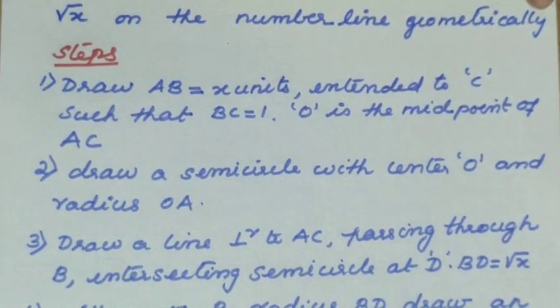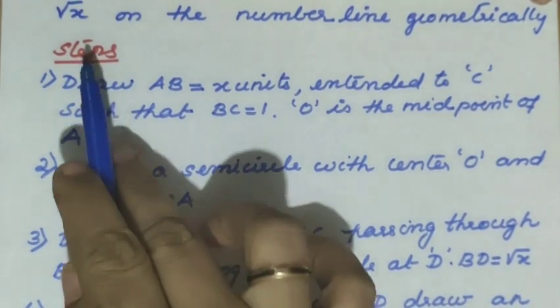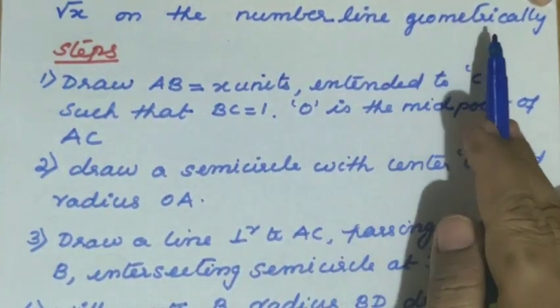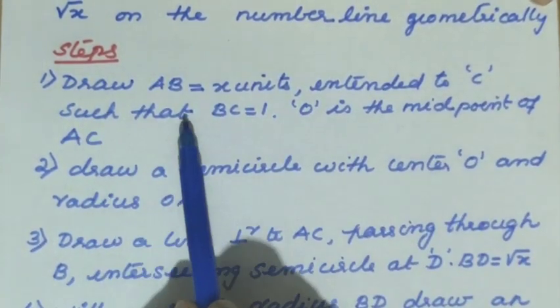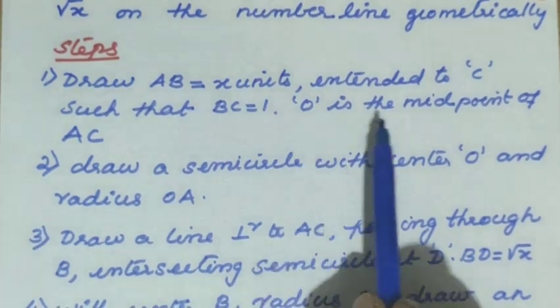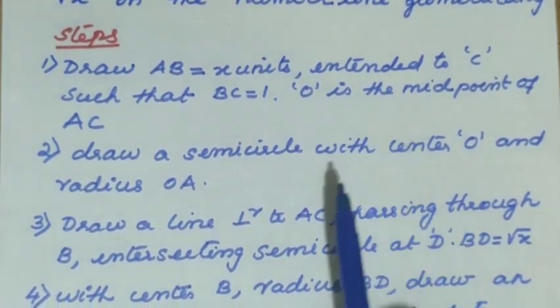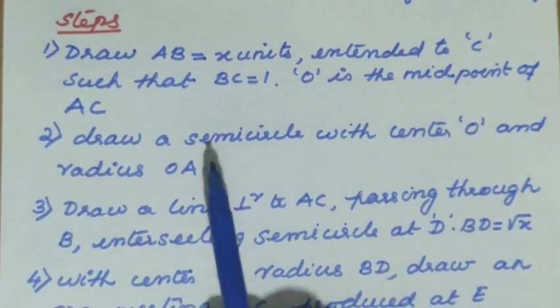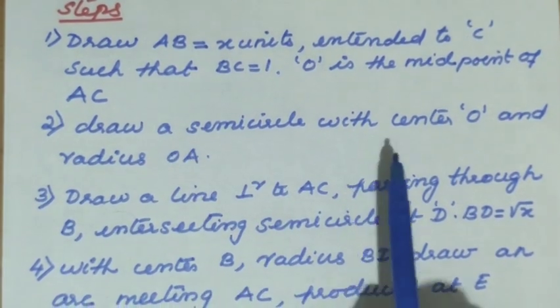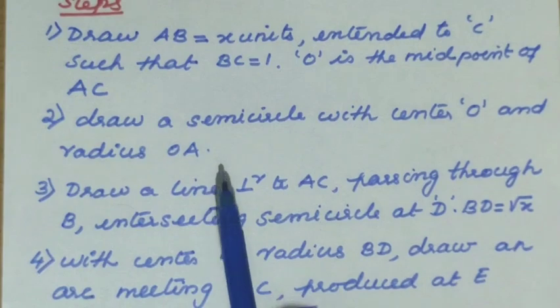I'll repeat all the steps once again. First question: root x on the number line geometrically. Step 1: draw AB equal to x unit, extend to C such that BC equal to 1, O is the midpoint of AC. Second step, draw a semicircle with center O and radius OA.